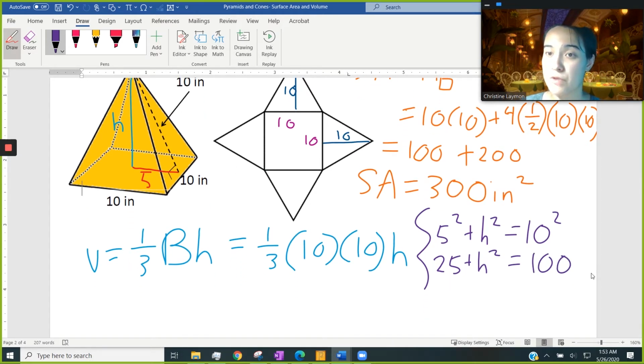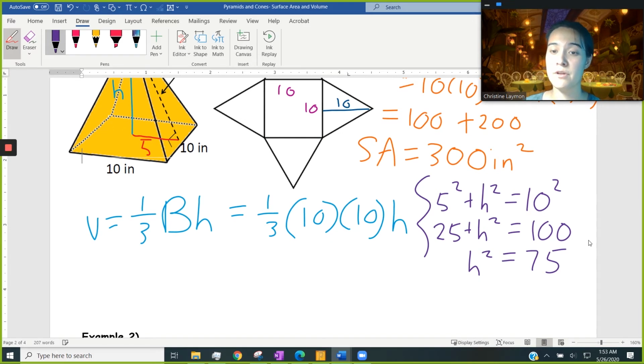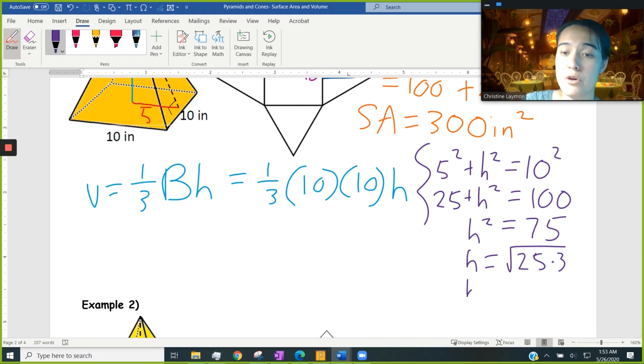Subtract 25 from both sides: h squared equals 75. I'm going to take the square root of both sides. So the square root of 25 times 3, and I'm showing that because we know the square root of 25 is 5. I have 5 square root of 3. So that's my actual height.